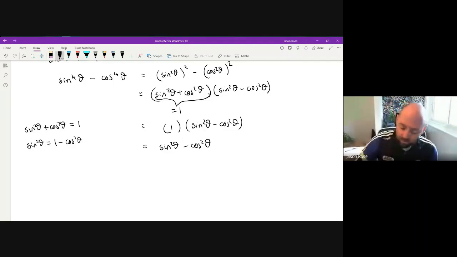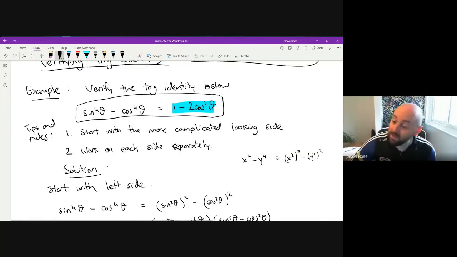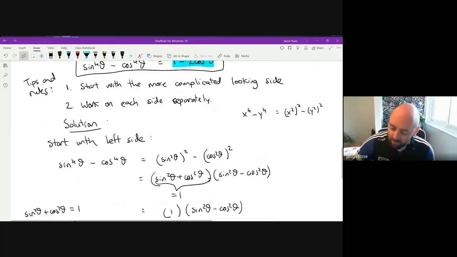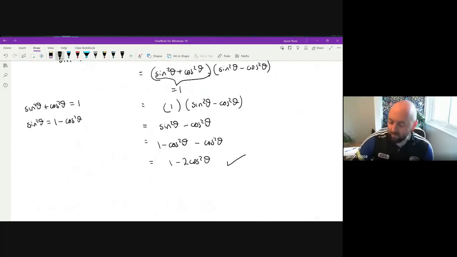And that's what I'm going to do. I only wanted to have cosines in there, so I get rid of sines using that identity. And now I have 1 minus 2 times cosine squared theta. And again, just double check, that is what I was after in the highlighted blue up there. So I have now verified the identity.